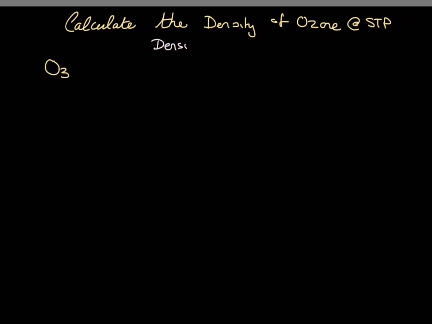Okay, again, density equals mass over volume. So how do I get the mass? Okay, so relative molecular mass, 3 times 16, because the mass of 1 atom of oxygen is 16, will give me 48.